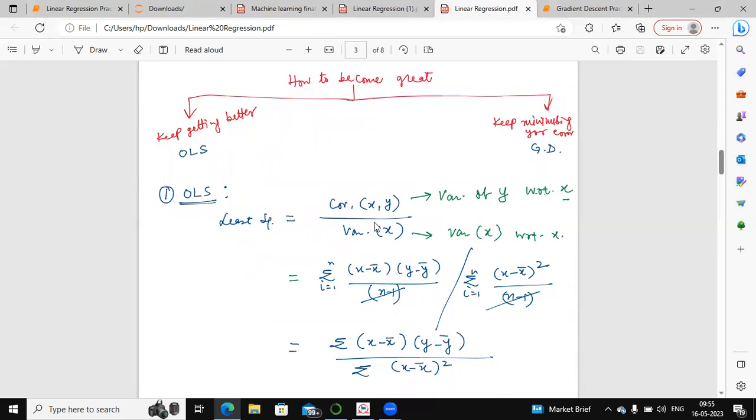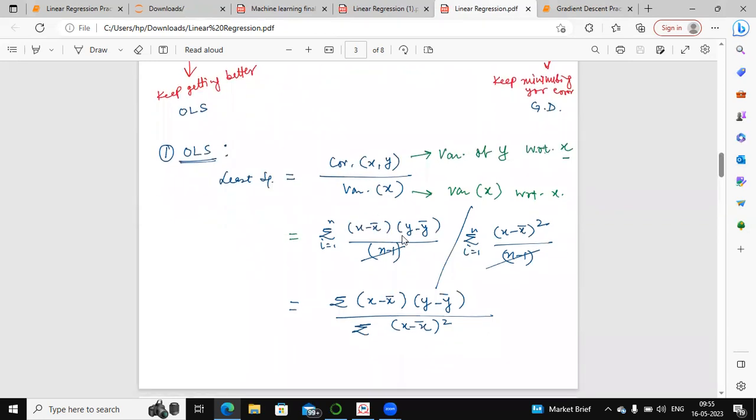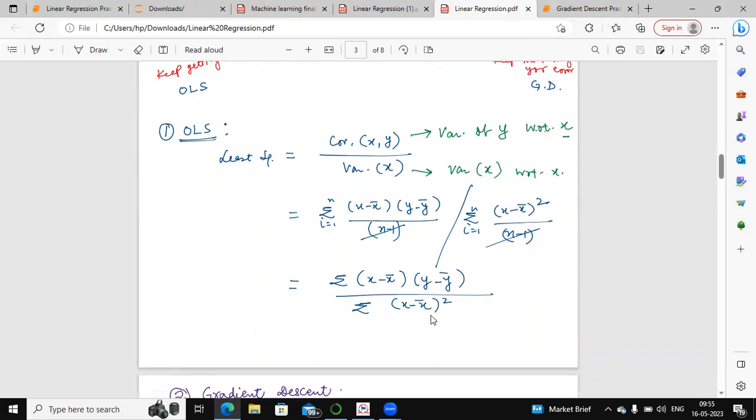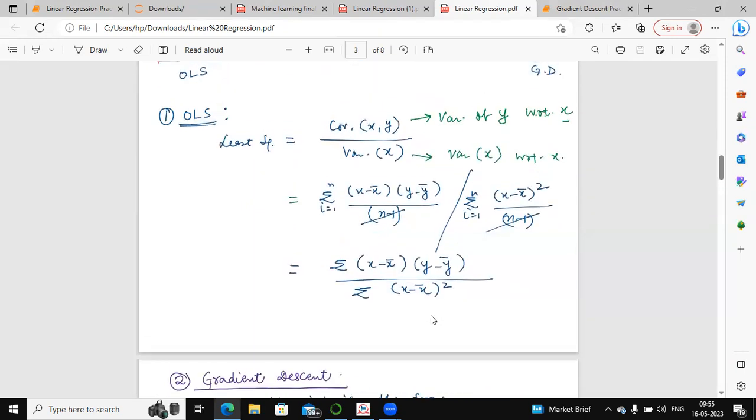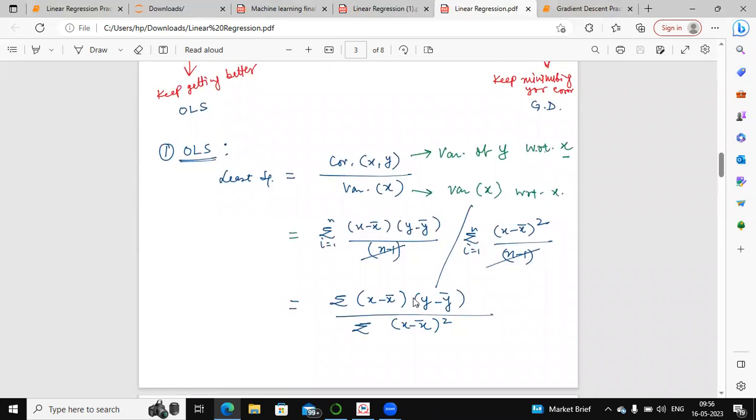When you apply the formula, the n minus 1 denominator gets cancelled and you get the summation of (x minus x bar), where x bar is the mean, times (y minus y bar), divided by the summation of (x minus x bar) squared. So you don't have to worry about this part more.